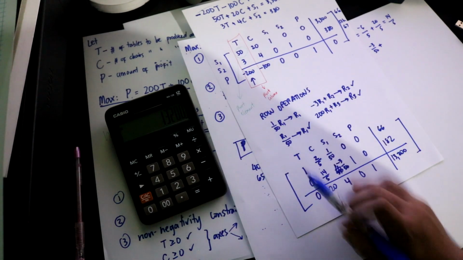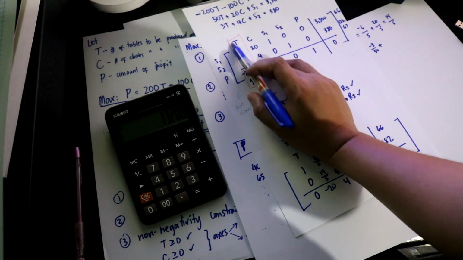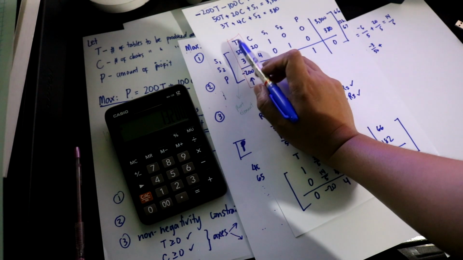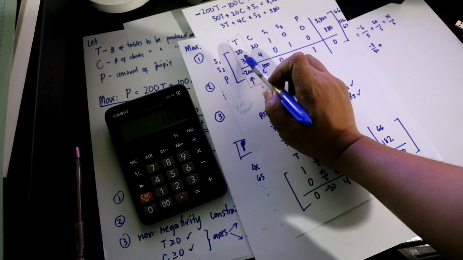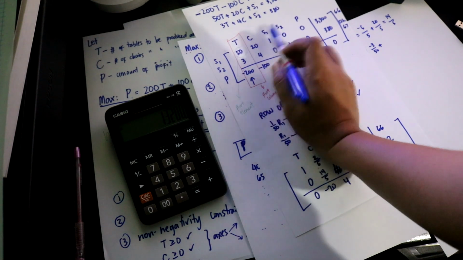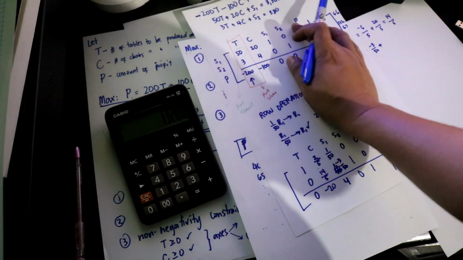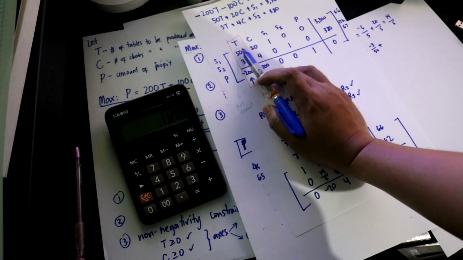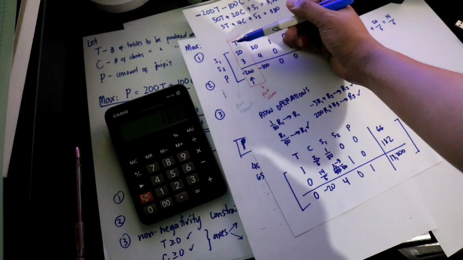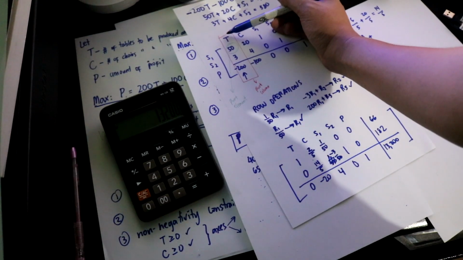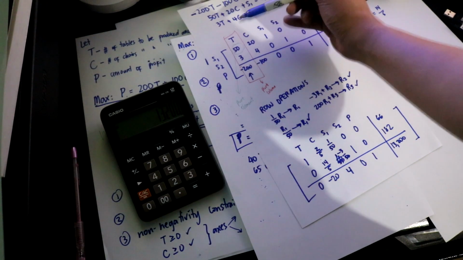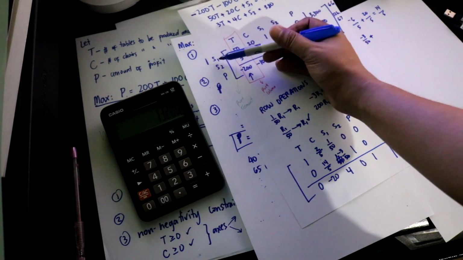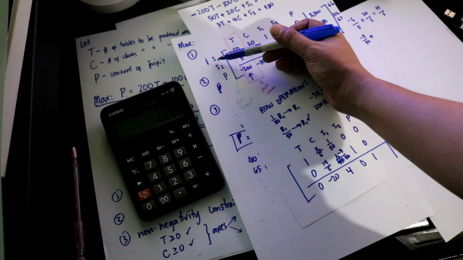After we have performed these row operations, whatever variable is the heading of this pivot column would have to exchange with this slack variable here.